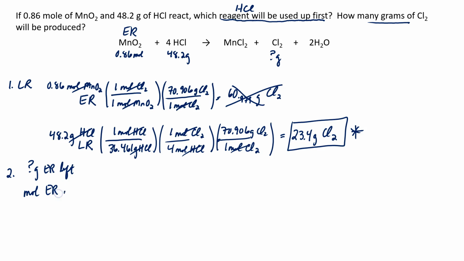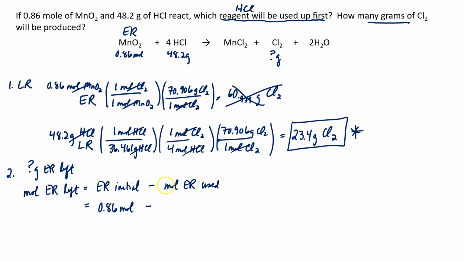The moles of ER left are going to be the initial moles minus the moles of the excess reactant used. So what we had initially is the 0.86.